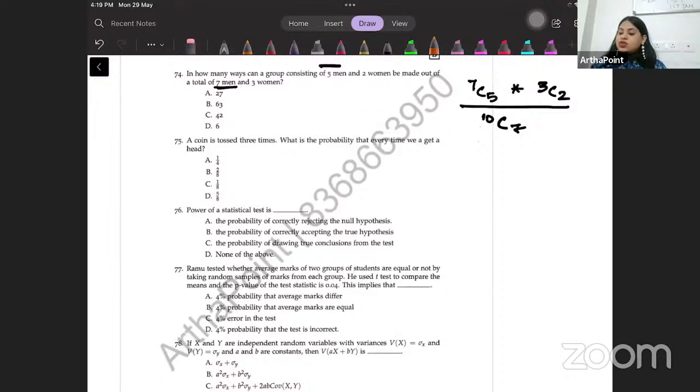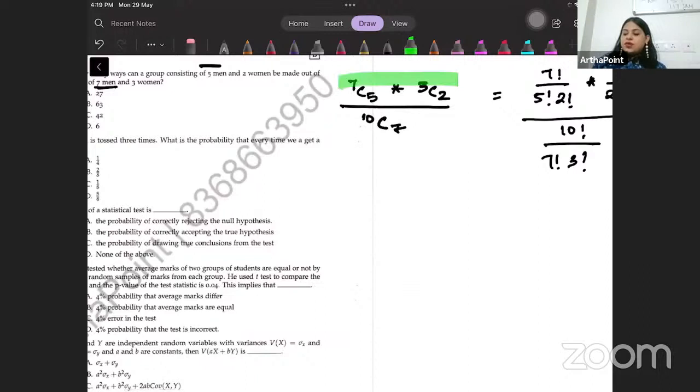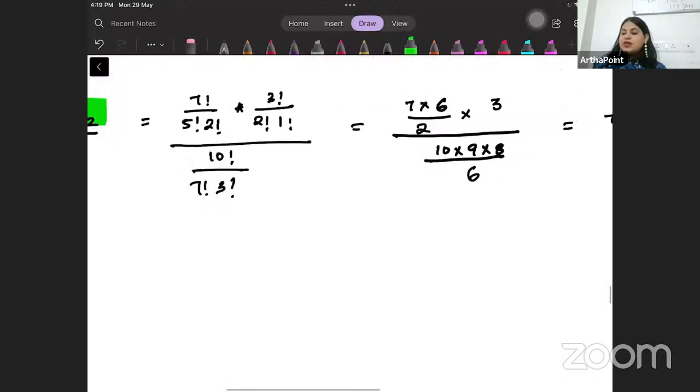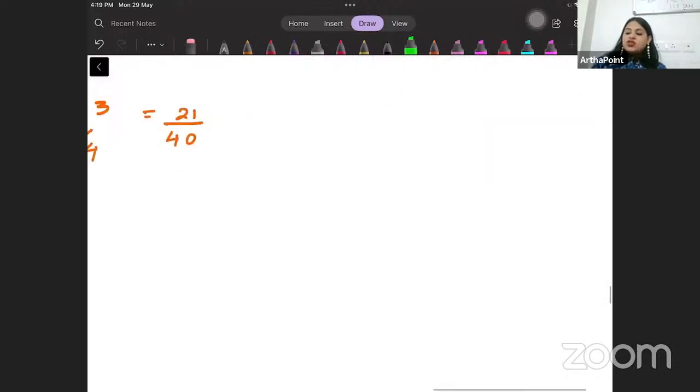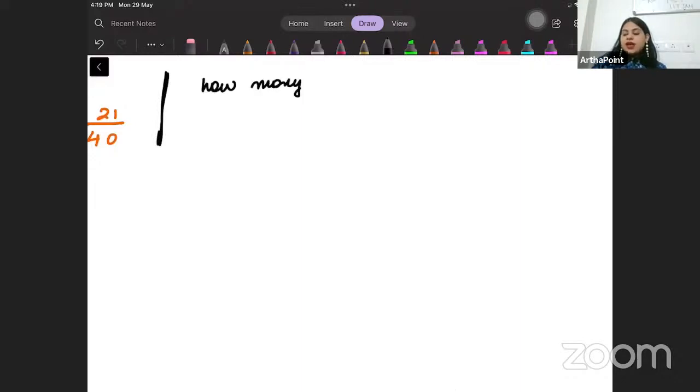But in this question, it just says in how many ways. How many ways means numerator, sir. I can do it in these many ways, right? So this was the probability of doing it in these many ways, but the question was only asking how many ways. So how many ways can be simply written as 7C5 into 3C2 ways.